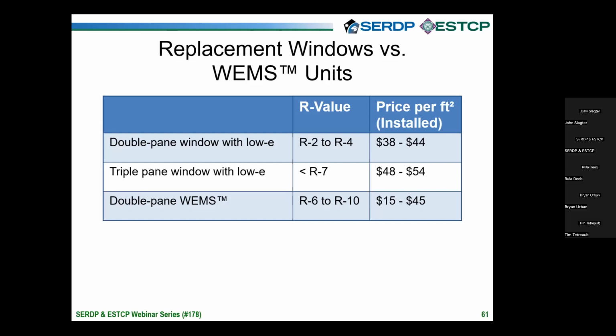And so whether you install a new triple pane window or you install a double pane WEMS unit against a single pane of glass, you get the same performance. We can also install WEMS units with 1 pane or more panes if we want. The energy performance goes up linearly by adding panes.